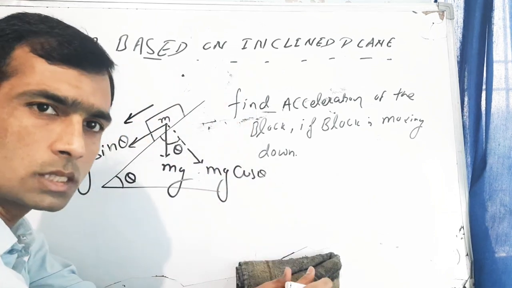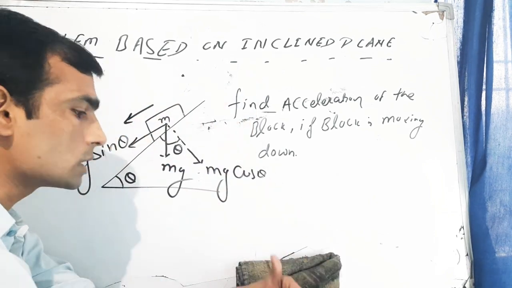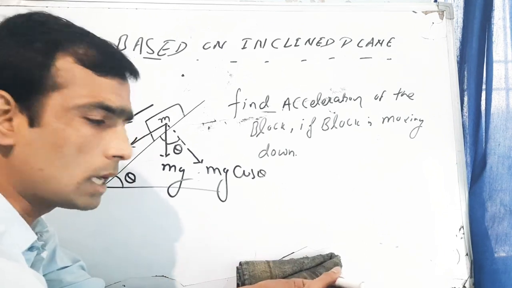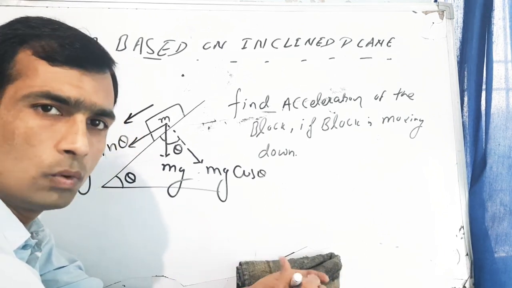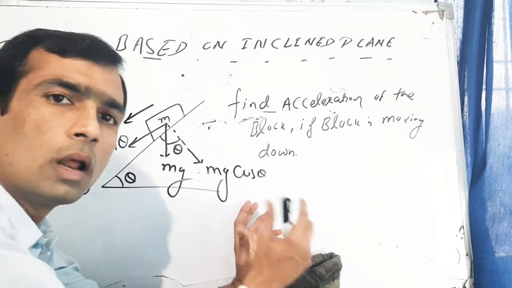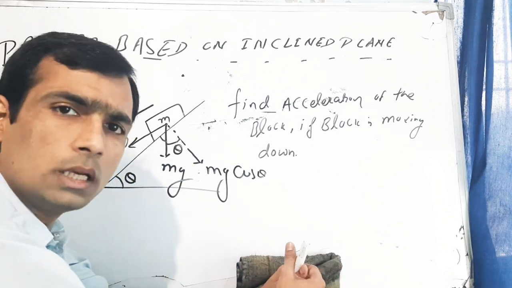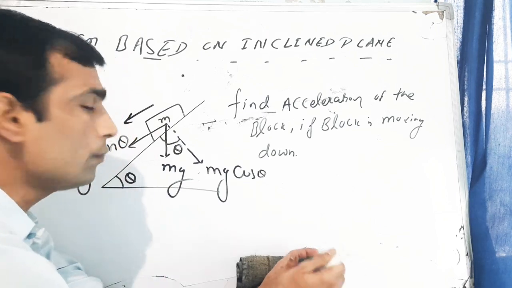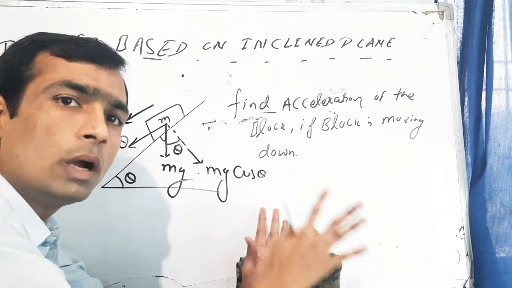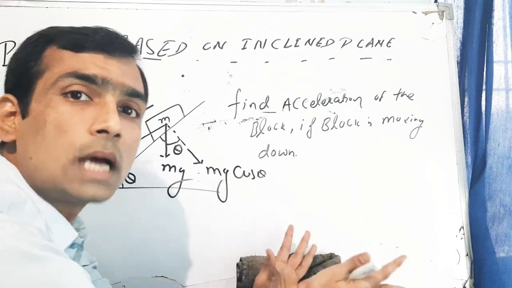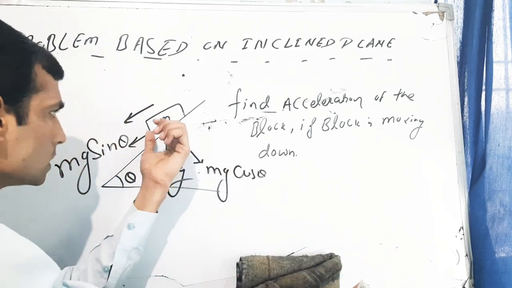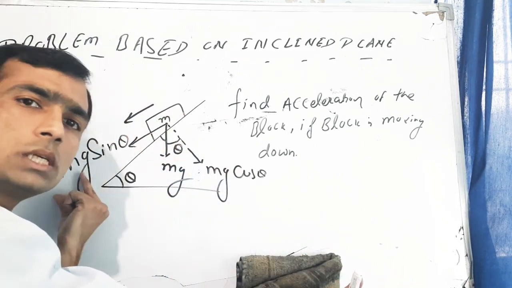The block is coming down. In my earlier video on Newton's laws of motion, on a block with a string, I already told you that you have to justify in which direction the block is moving. The block is moving in this direction, so this is the greater force.